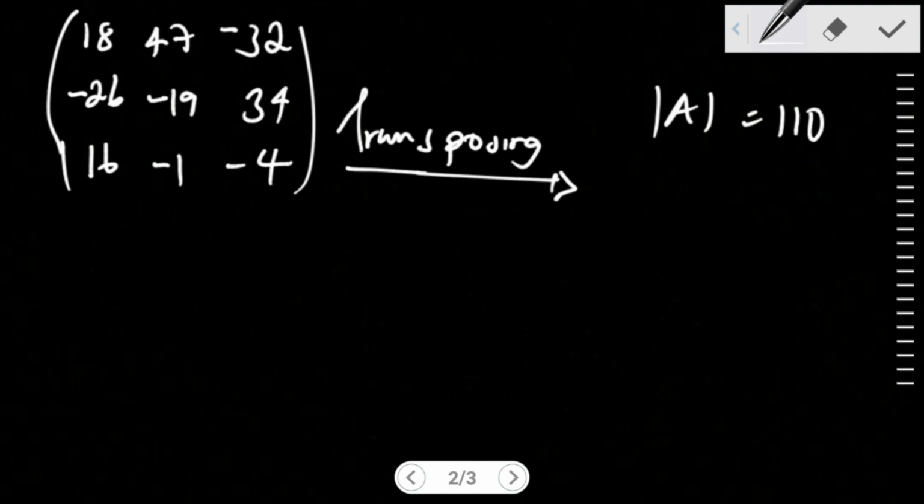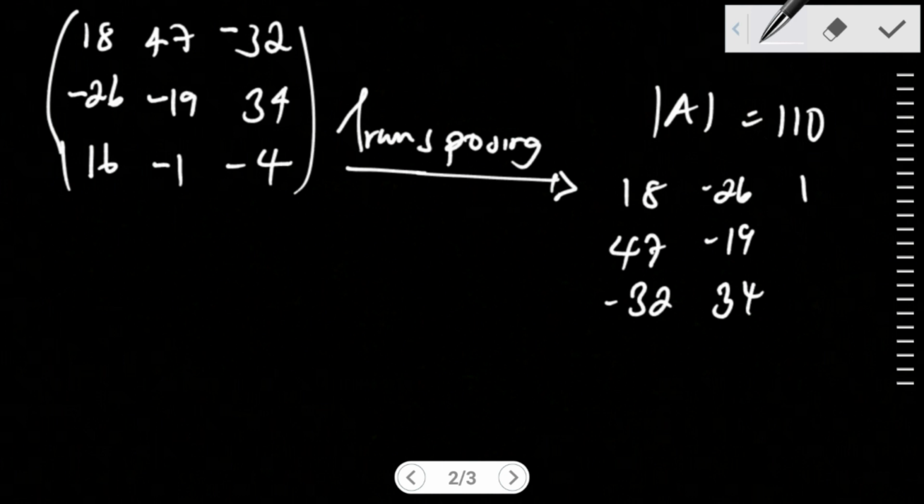The transpose of this is going to be: I'm going to have 18, 47, negative 32, negative 26, negative 19, 34. And so the next one will be 16, negative 1, negative 4.